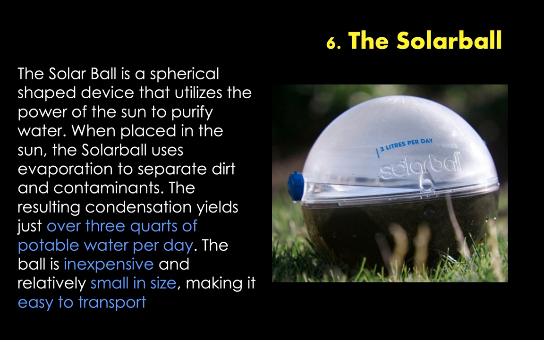So the condensation alone can yield 3 quarts of water per day. It's an inexpensive solution and it's fairly small, which makes it easy to transport. So I think that you could probably put those things down as a pro right away.